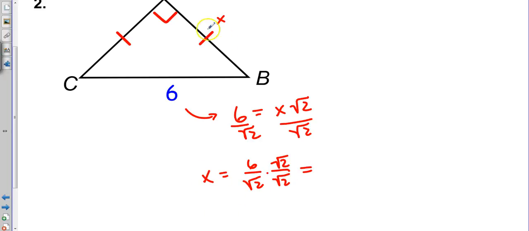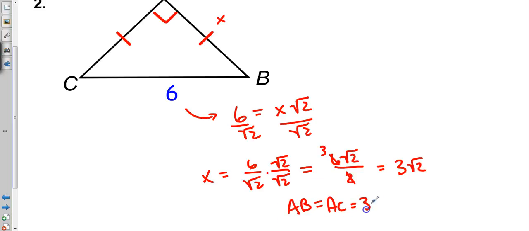So this is my x, or just the measure of AB and AC. So I'm left with 6 root 2 over root 2 times root 2, which is just 2. And in order to simplify this, that's going to cancel, and we're going to get 3 times root 2. So I can go back up here. I know that AB is the same as AC, which is equal to 3 root 2.